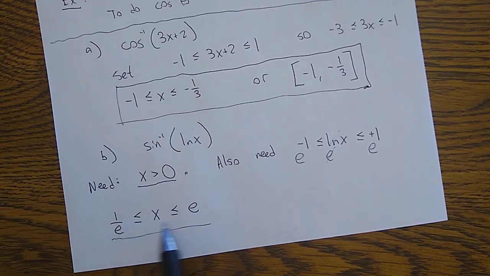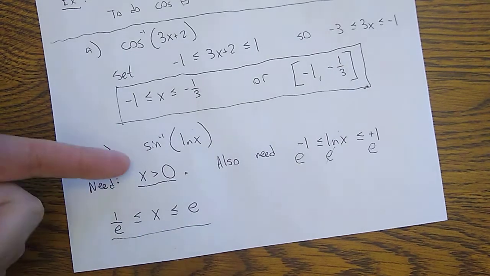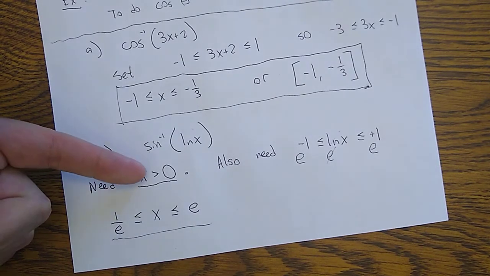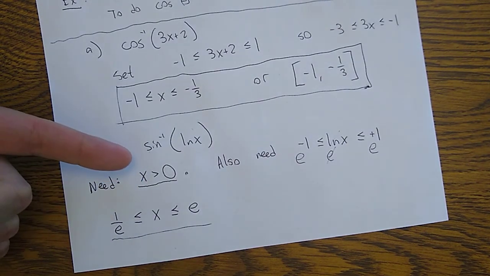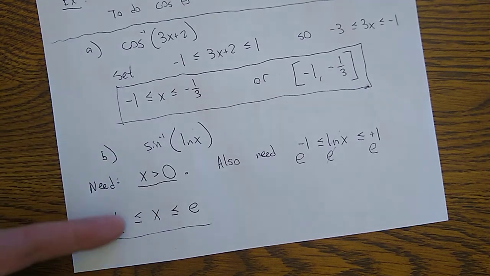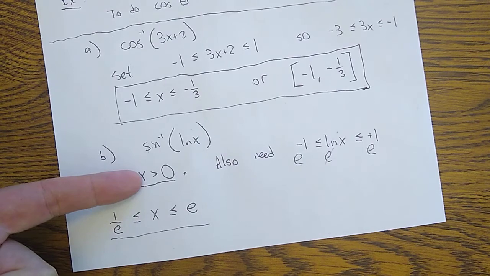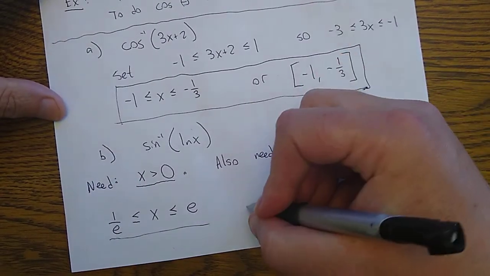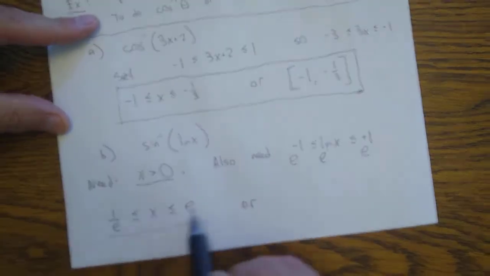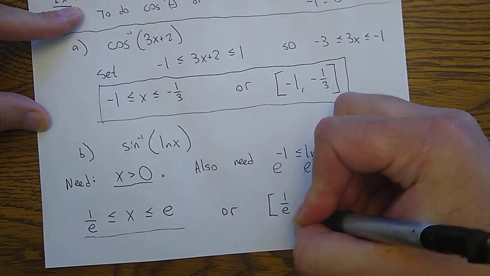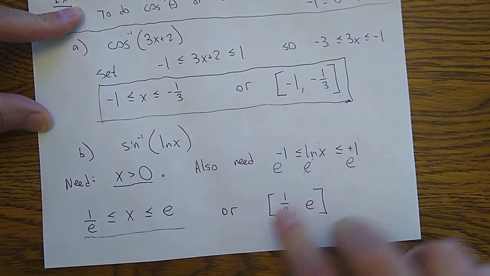So actually all of the numbers between 1 over e and e are greater than 0 anyway. So this is a little bit redundant, or it's entirely redundant, I would say. This is the only important one. All the numbers in this interval satisfy this already. So we can just say that this is our answer. Of course, if I want to put it in interval notation again, it's like this.